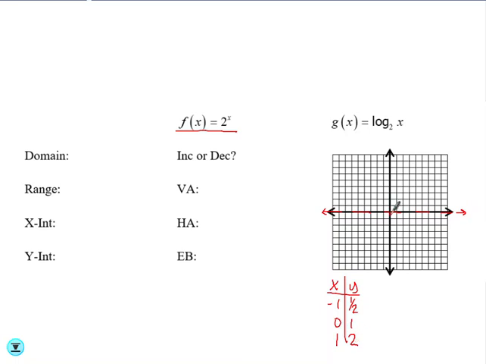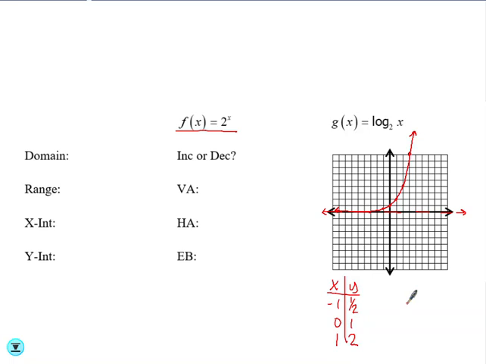Since our h and k values are 0, we are just starting from the origin. So this is our graph of 2 to the x.